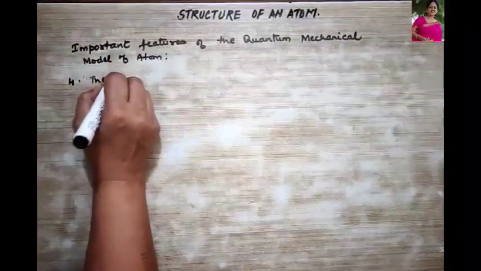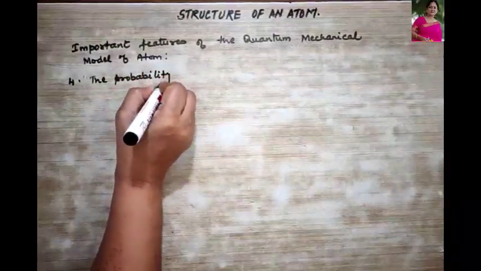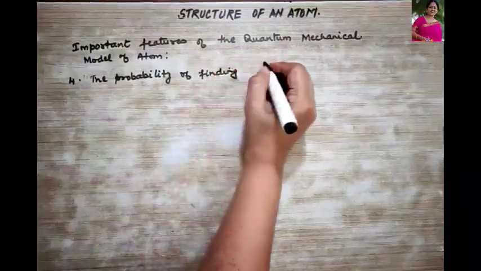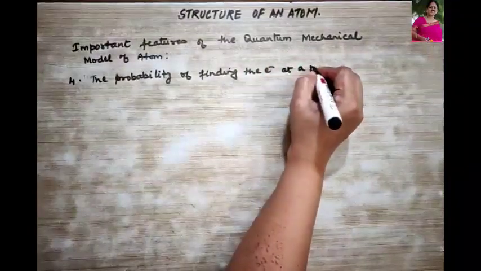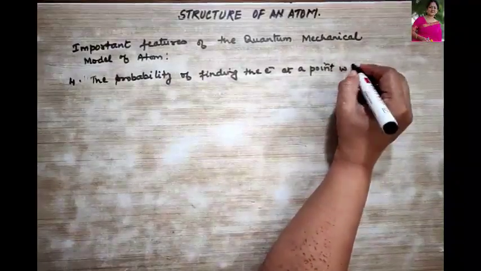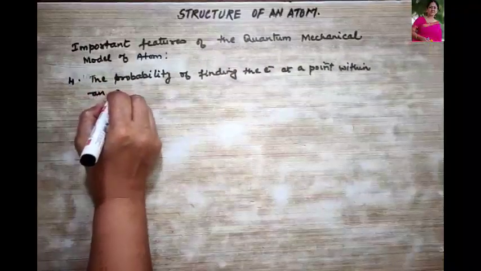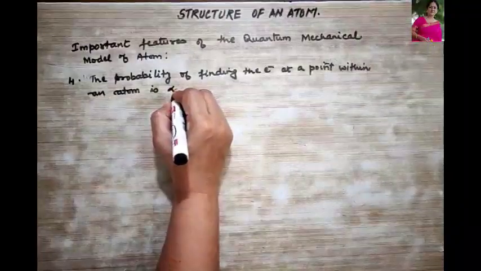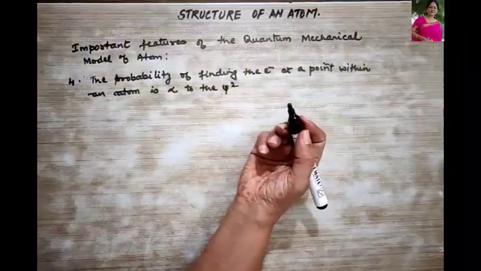So the probability of finding the electron at a point within an atom is proportional to the square of the wave function.